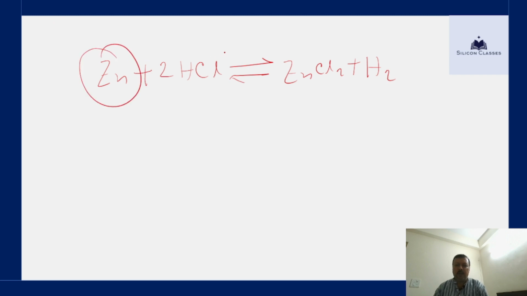For example, suppose zinc reacts with HCl, it will form zinc chloride plus hydrogen. So zinc is a metal which, when it reacts with HCl, will liberate hydrogen gas.